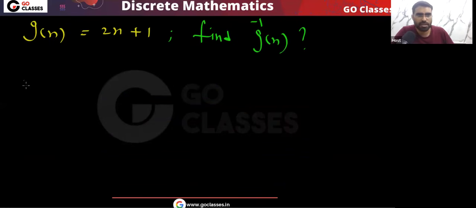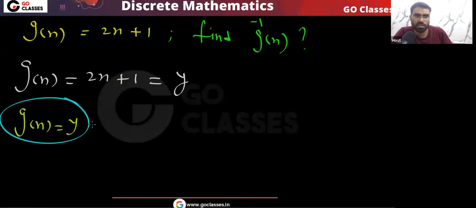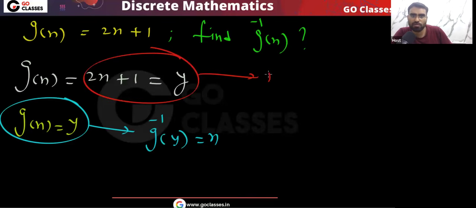That you can very easily do. g(n) is given to you, that is 2n plus 1. Just assume that is y. From here, you got g inverse of y equal to n. And from here, you got n equal to (y minus 1) by 2.